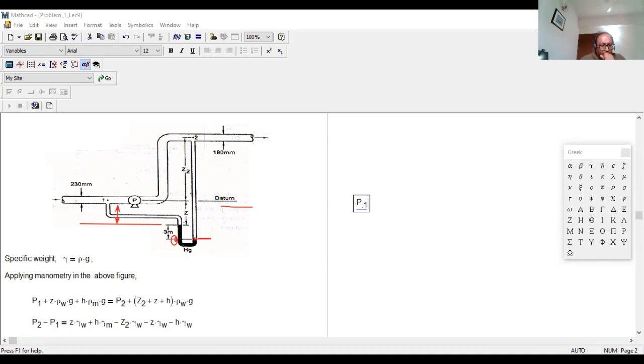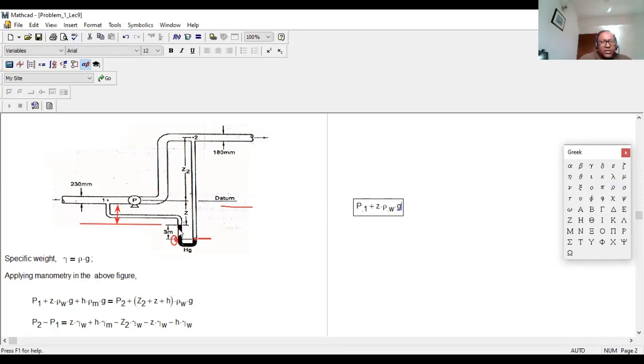Plus, then the bottom height is Z, so H rho G. So Z times rho. What is my rho over here? Water, into G. So you are coming right over here. Now you need to come from here to here.